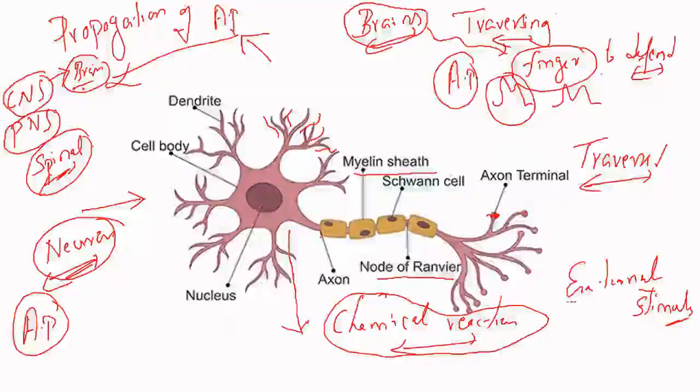This external stimulus creates some chemical reaction inside the neuron, and this chemical reaction will produce some electricity called action potential. Okay, now this action potential is like electricity or voltage. This voltage will be reaching the dendrite section, right?